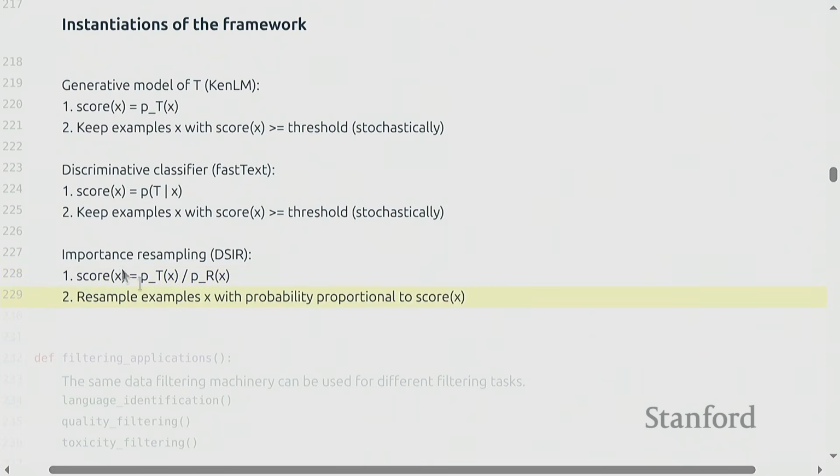These are really the importance weights, and you resample with probability proportional to that. At a high level, all of them are doing essentially the same thing: you fit some sort of distribution that tells you what looks like target as opposed to raw, and then you apply that to the raw data set.